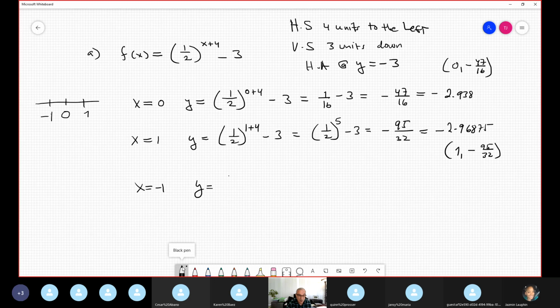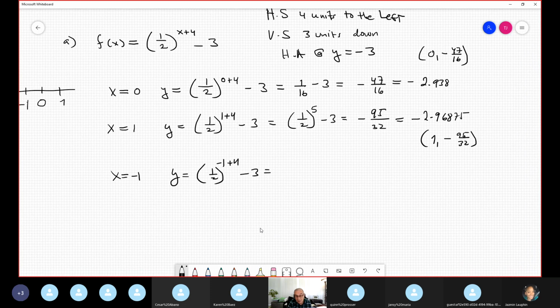Now x equal negative 1. Y is equal to (1/2)^(negative 1 plus 4) minus 3. I select the values 0, 1, and negative 1. It is not mandatory; you can select any value, but I follow one rule. So 1/2 raised to the third power, cubic, because 4 minus 1 is 3, minus 3.